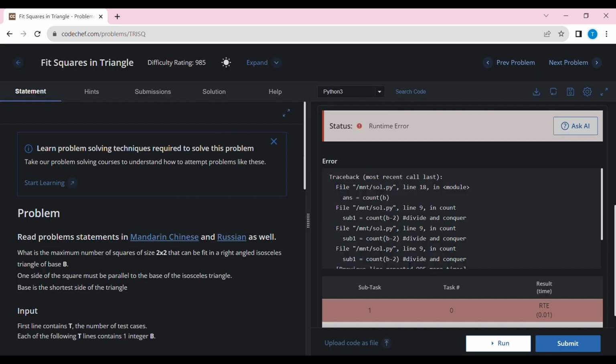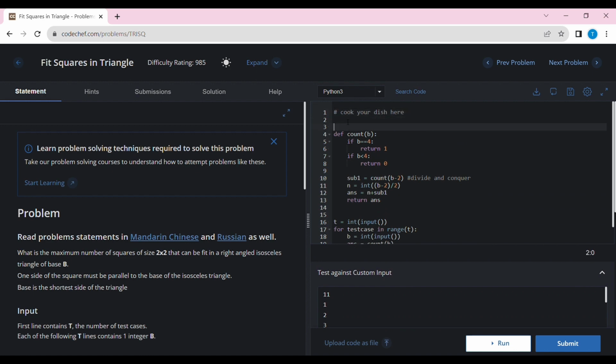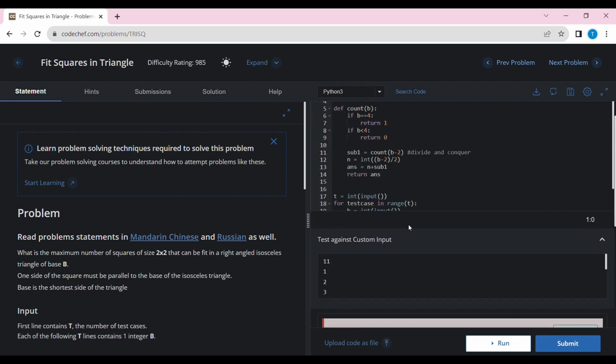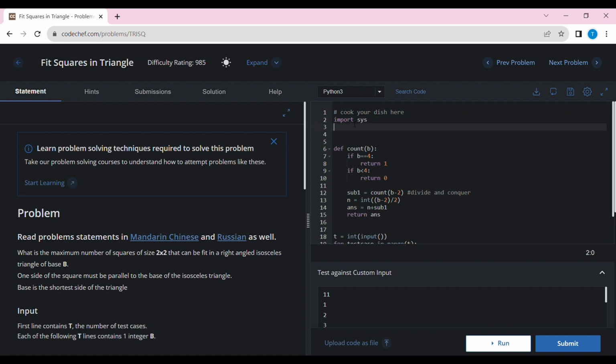So what we see here is kind of an error, which is a runtime error. You don't need to think a lot about it. The only thing that you should try to do if you ever run into a runtime error for a recursive algorithm is increase the allowed recursion depth, right? Or the recursion limit.